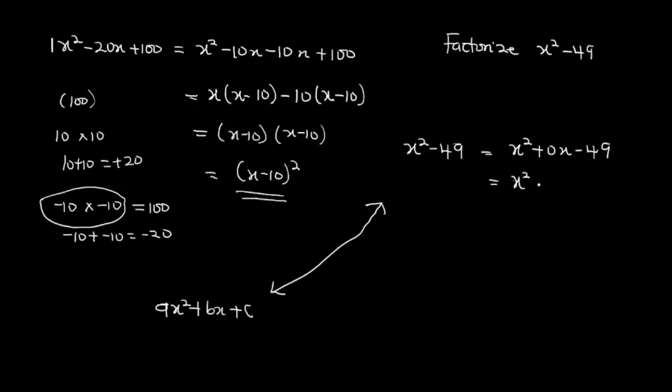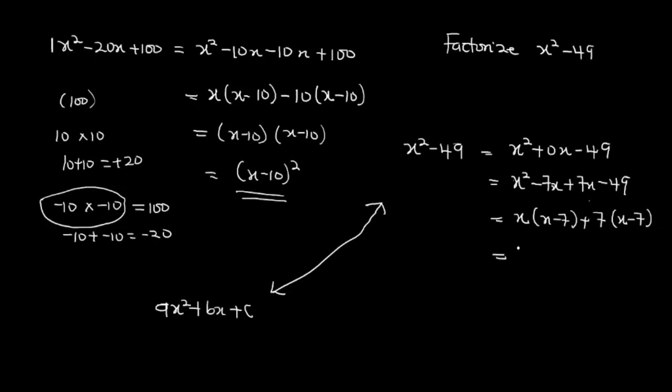So I have x squared, then I write minus 7x plus 7x minus 49. So the minus 7x plus 7x will give us the 0 over here. So we've not done anything to the equation. Now that I have it in this form, I can factor out my x. So if I factor x out here, I have x minus 7 here, plus, between this and this, 7 is common, so I factor out 7, then in brackets x minus 7.